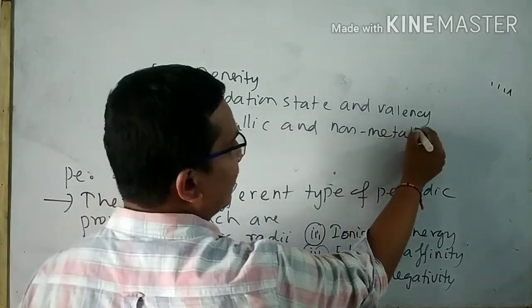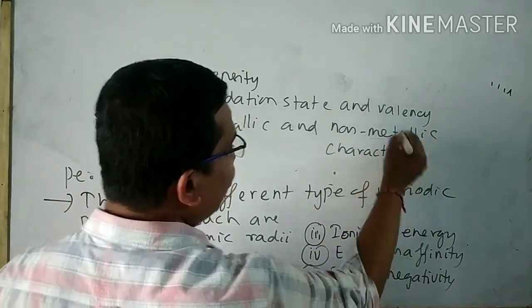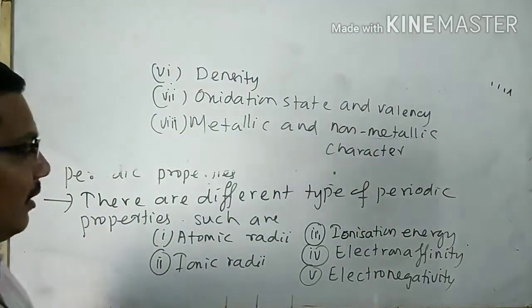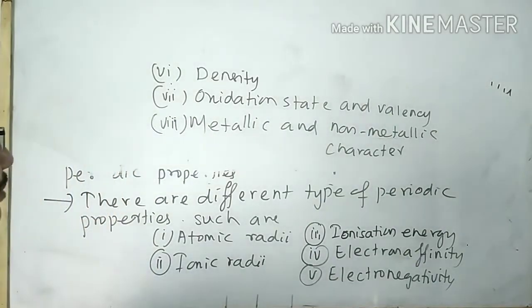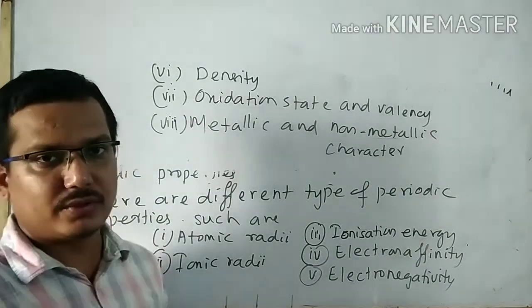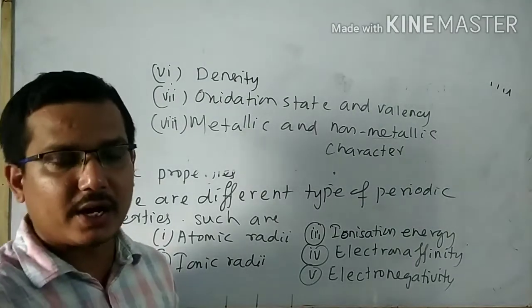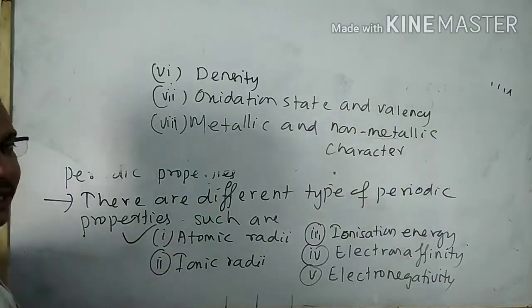These are the periodic properties, and these properties change with respect to the periods and groups, and also depend upon the electronic configuration of the atom. At first I will discuss the atomic radii.